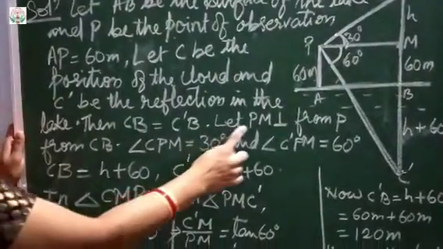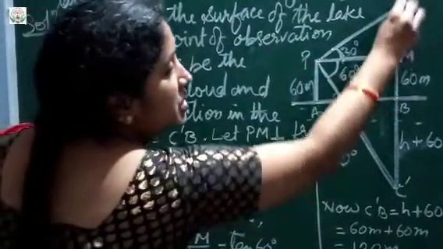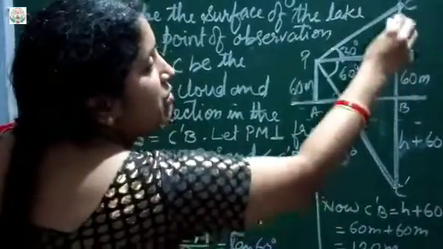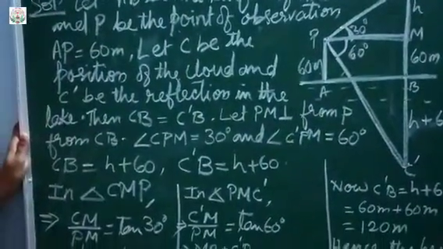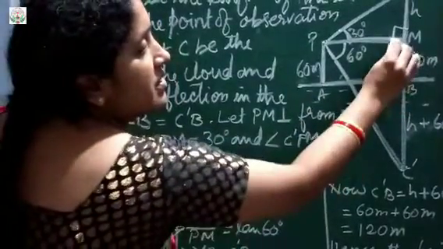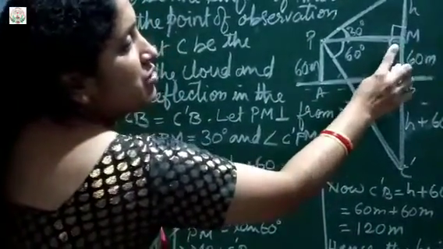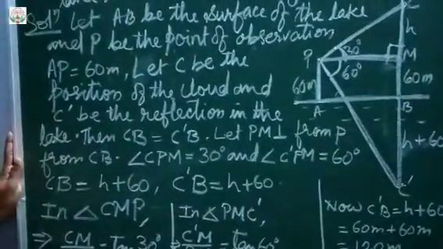Let PM be the perpendicular from P to CB. PM is the perpendicular from point P to CB. Perpendicular means we know 90 degrees. So this is 90, this is also 90, so we are not interested in this. We need this, so it is also a right angle triangle.